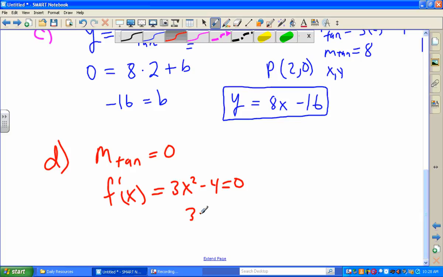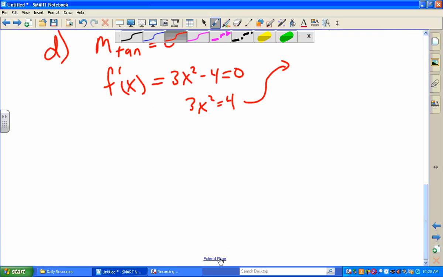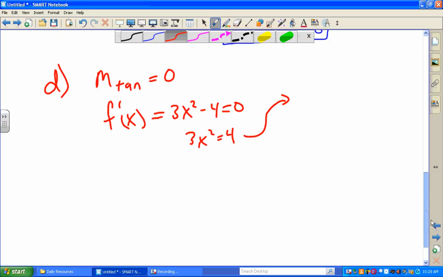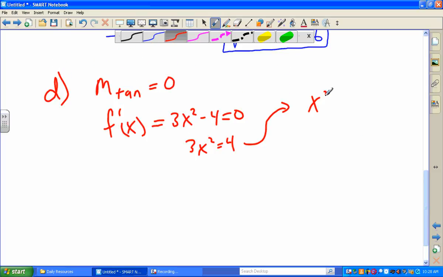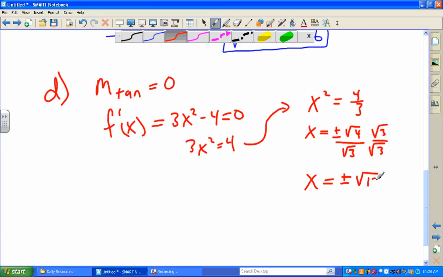So, 3x squared equals 4. That means x squared equals 4 thirds. X equals plus or minus the square root of 4 divided by the square root of 3. Of course, you have to rationalize. To rationalize, you multiply top and bottom by the square root of 3. The square root of 12 over 3.